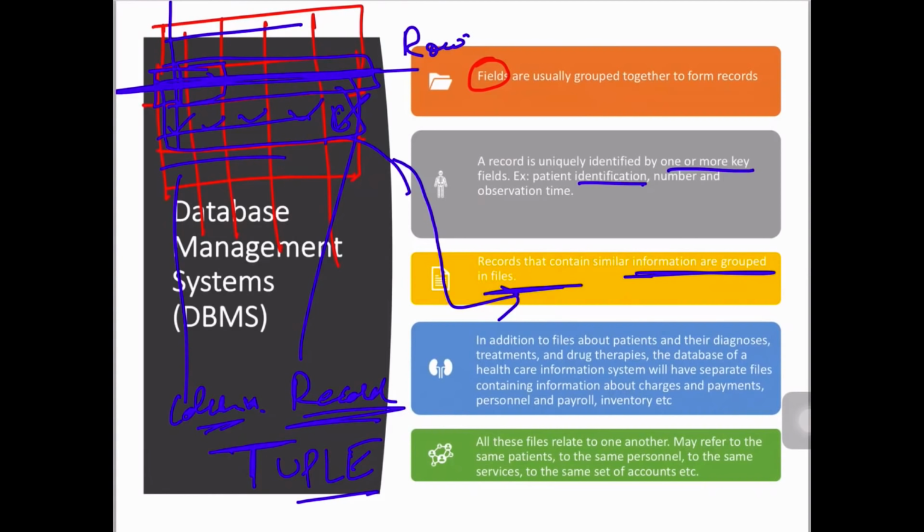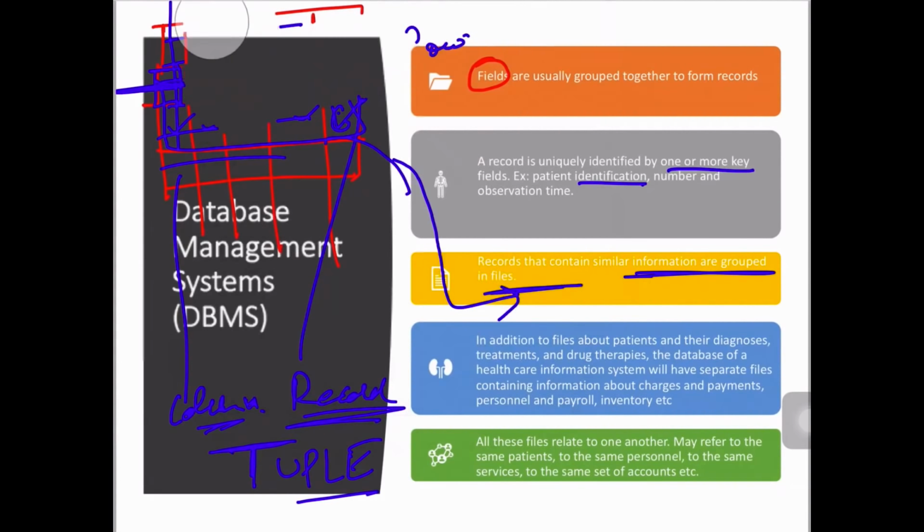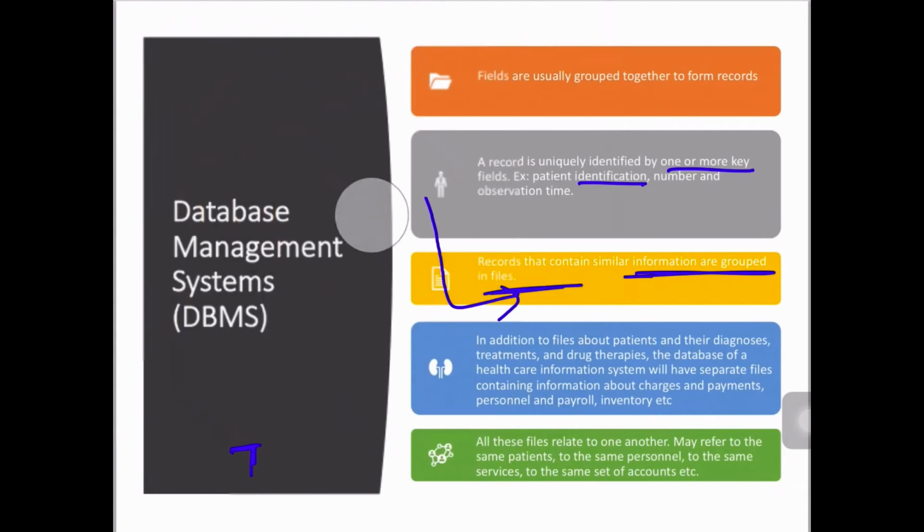So in a healthcare environment, we will have several tables that are interlinked with each other. For example, we have tables about the patient, the diagnosis, the treatment, the therapies, and together they make a database.